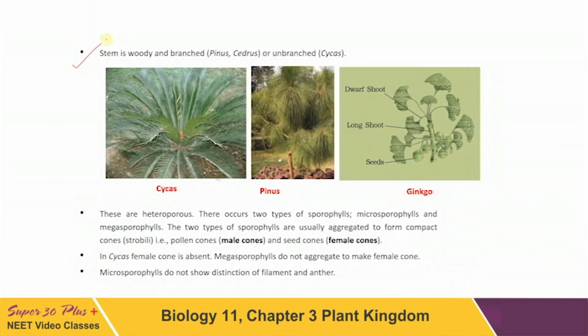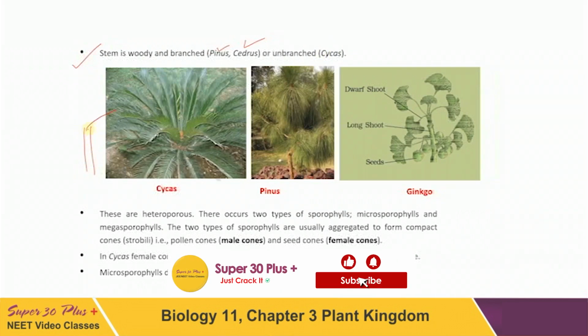Stem is woody, as I told you. It may be branched, as in case of Pinus and citrus, or it may be unbranched. These are some common gymnosperms you are seeing here. This is cycas. The cycas plant is like this. That is, this is the unbranched stem, and at the tip of this, these are the pinnately compound leaves.